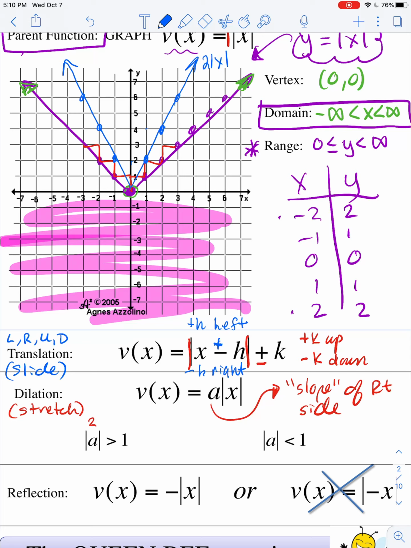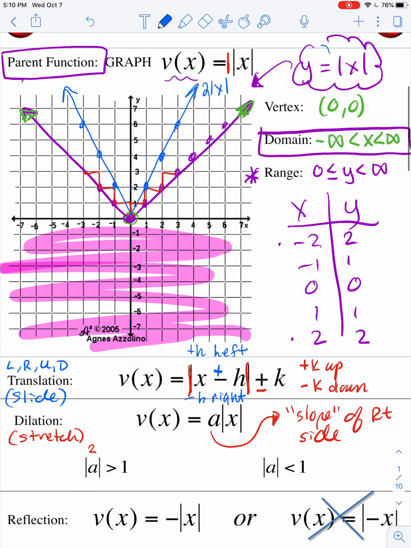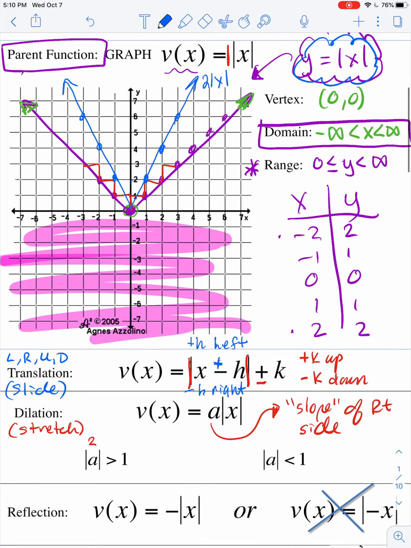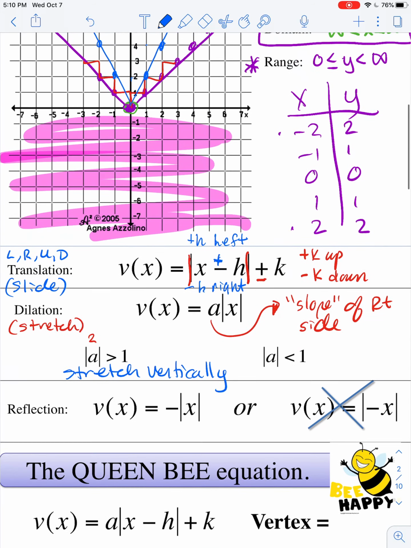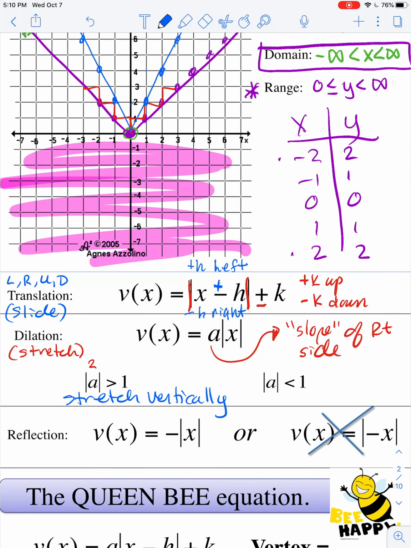You can see that 2 times the absolute value of x has a different look than our original absolute value of x with an A value of 1. So what this is going to do, this is going to stretch vertically. It's going to make it taller, steeper, skinnier, however you kind of think about that.